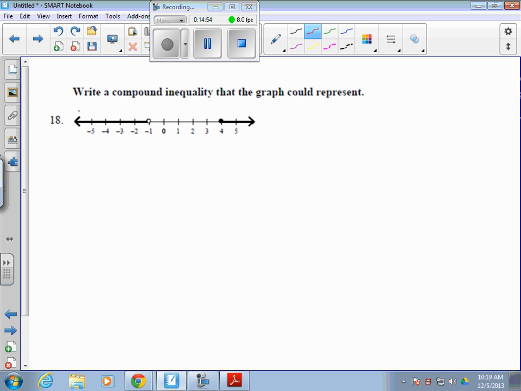18 says write the compound inequality. There's no overlap here, so we know that that's an OR inequality. So do this first when you have x and -1, and this second one x and 4, and make in the appropriate symbol. It says less than -1, and it's not colored in, so it doesn't have the bubble underneath.